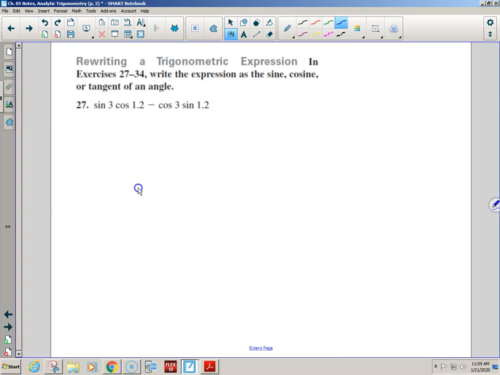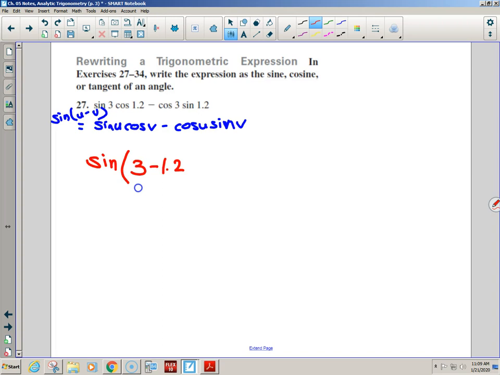So I'm going to go backwards, because this formula comes from the sine of u minus v. The cool thing is I can recognize it and be like, oh, hey, he came from sine of who, 3 minus who, 1.2?